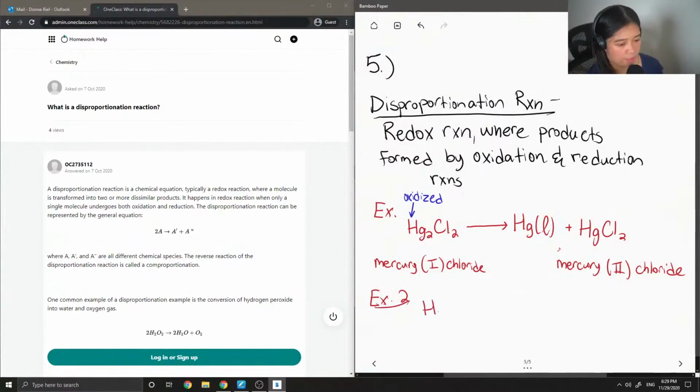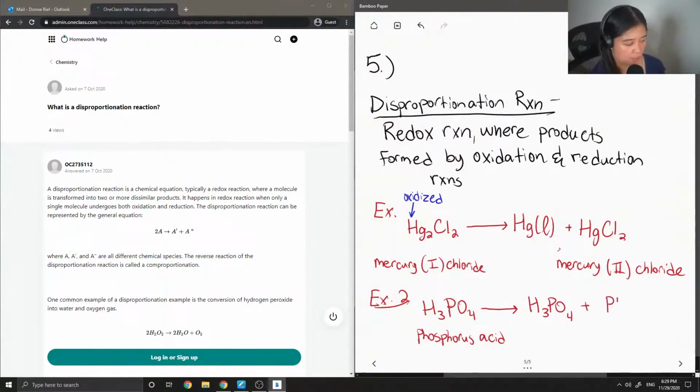let's say we had phosphorus acid forms phosphoric acid plus phosphine.